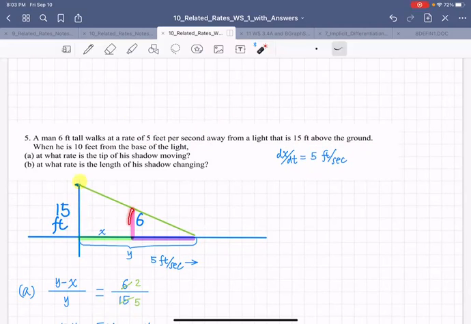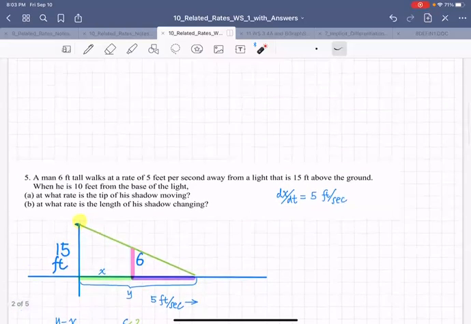The person's height won't change either. Even if you are here, you are still 6. You are here, you are still 6. But when you connect this guy and this guy, these two triangles are similar. Yes, similar. If it's similar, what's the proportion?